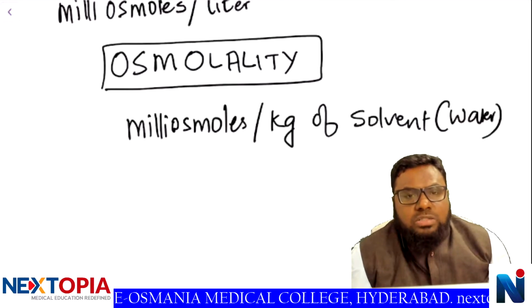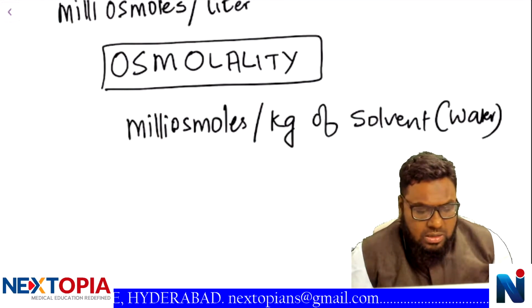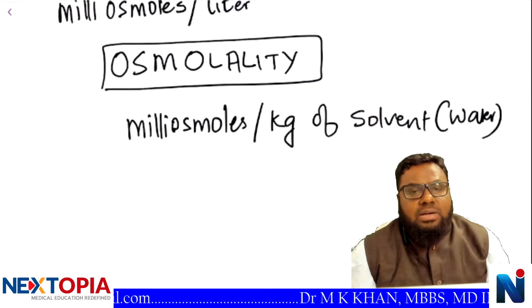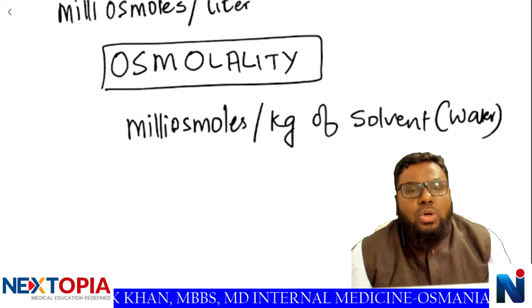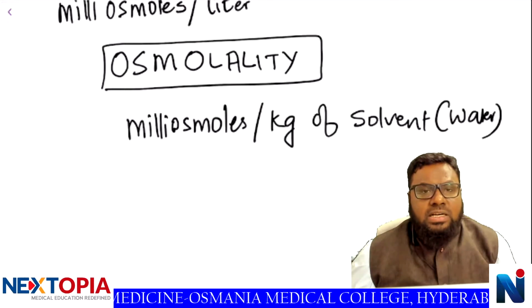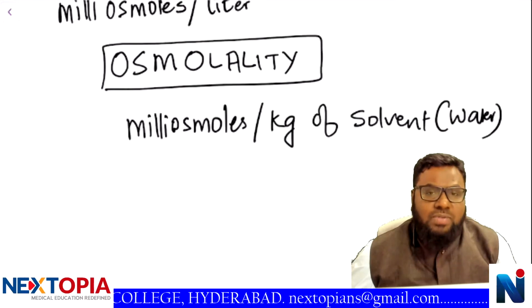So please remember, osmolarity is per liter of solution, and osmolality is per kg of the solvent. Please remember, what determines the concentration gradient here is the number of particles.